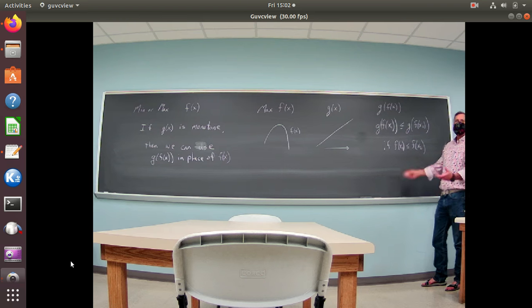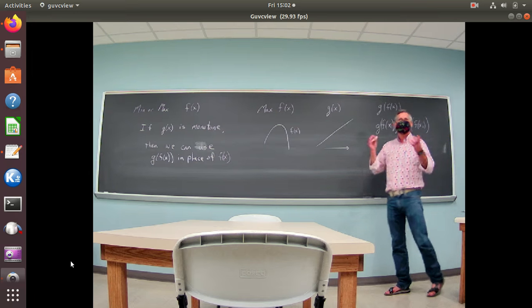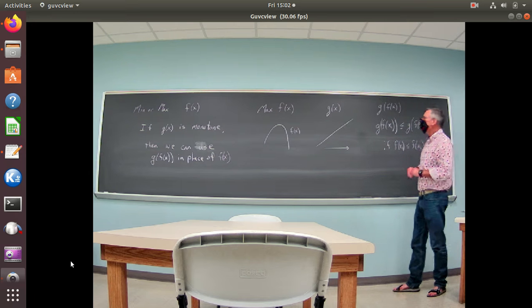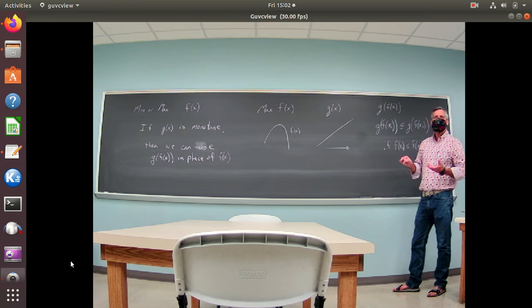Where that can come in really handy: usually now we're doing linear programming, so we're trying to make everything linear. But in general, if I want to maximize a function, what do we think of from Calculus 1? What do you do to find where the maximum is?